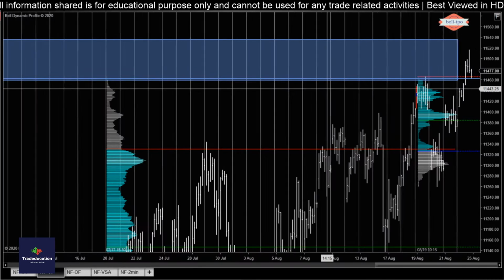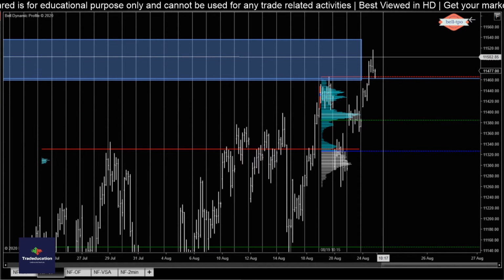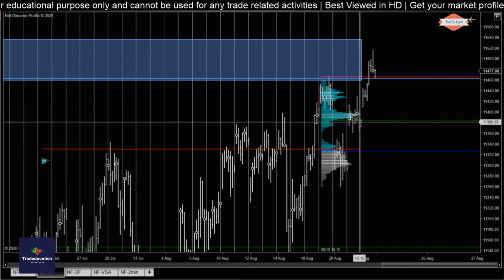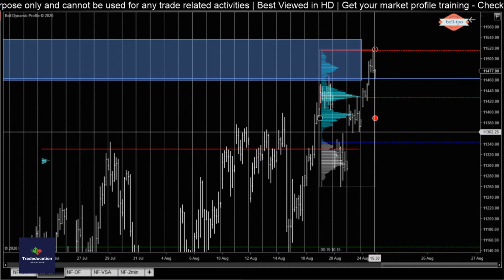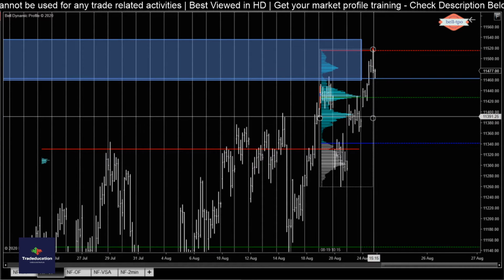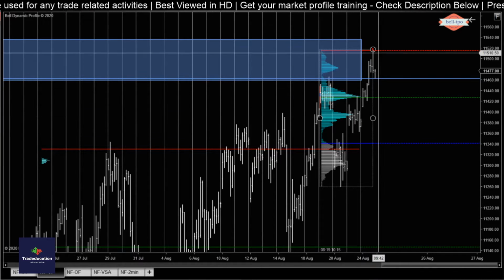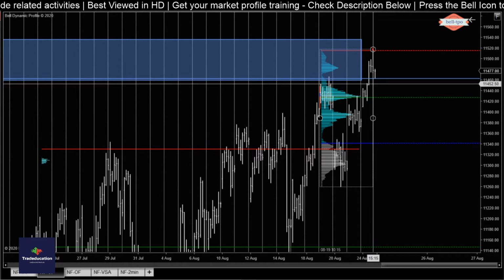Okay, now moving on to the volume profile chart. So we had a break above the balance, so let me add the data points. Okay, and only this much of the gap is yet to be filled, which will be filled today, and this is the 1 2 3, and this is the fourth day.